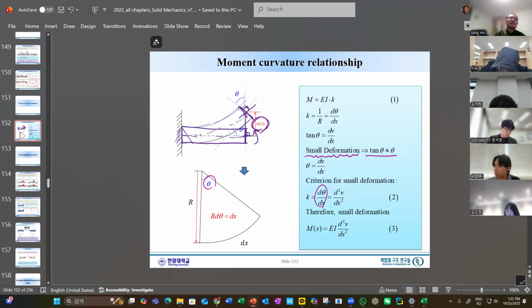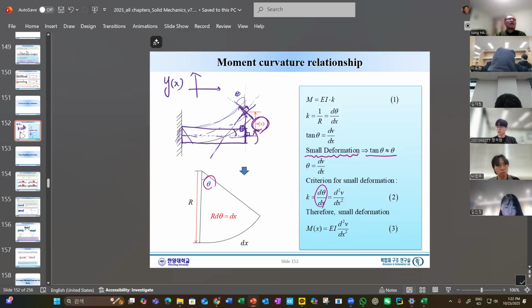The cross-section remains plane, and also there is this angle of rotation like this. So if it rotates this much theta, then we can say this one is theta. In high school, we learned a lot about y equals y(x), some deflection curve.